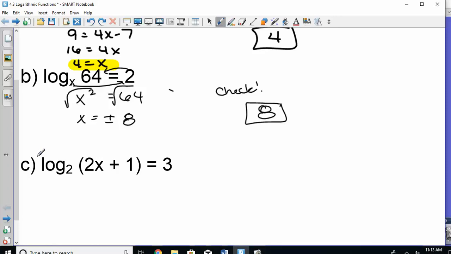Let's look at C. So this would be 2 to the third equals 2x plus 1. 2 cubed is 8.